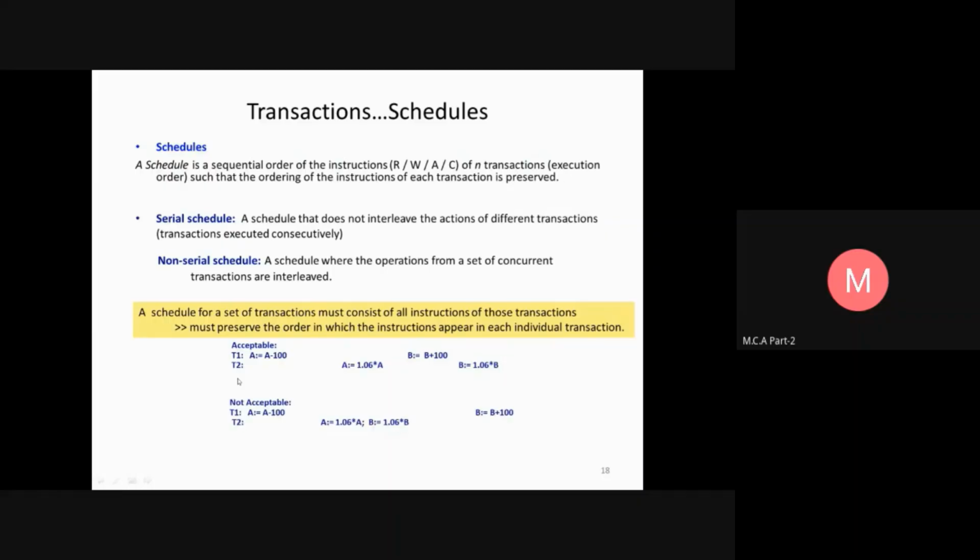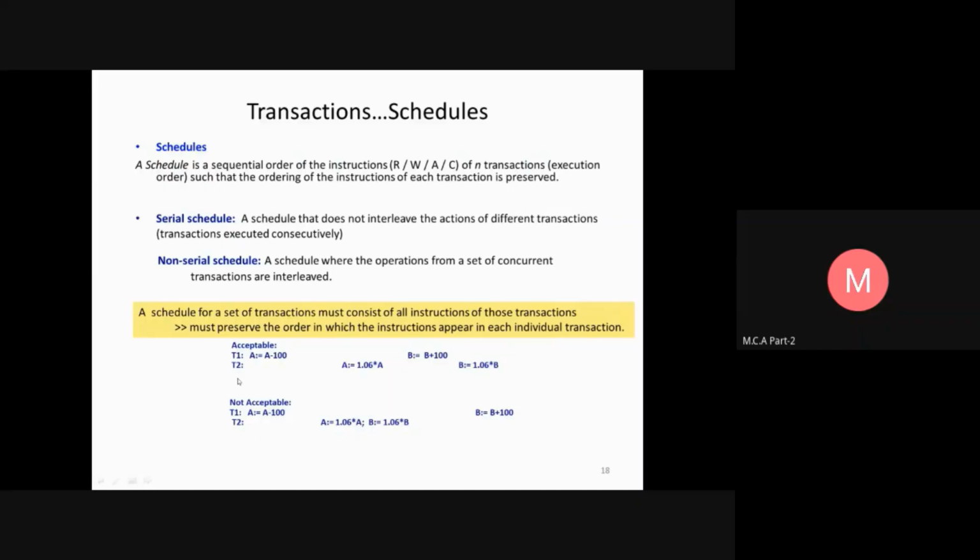Okay, but if we look at the second schedule, notice what is happening over here. Transaction T1 reads A from the database. So the value that was previously stored in the database is what transaction T1 will read. Okay, then T2 takes over. The operating system may have scheduled T2 to execute next.